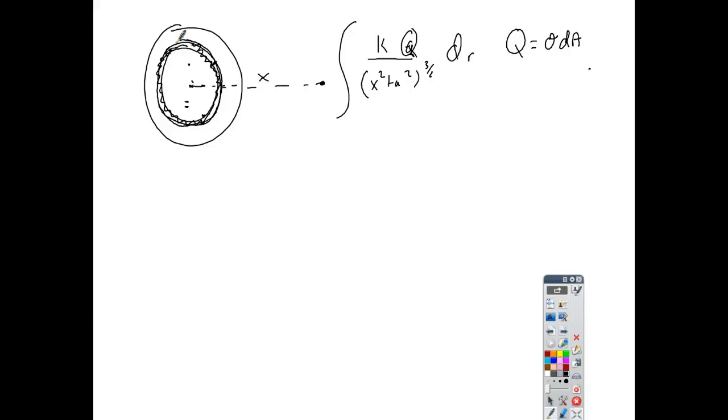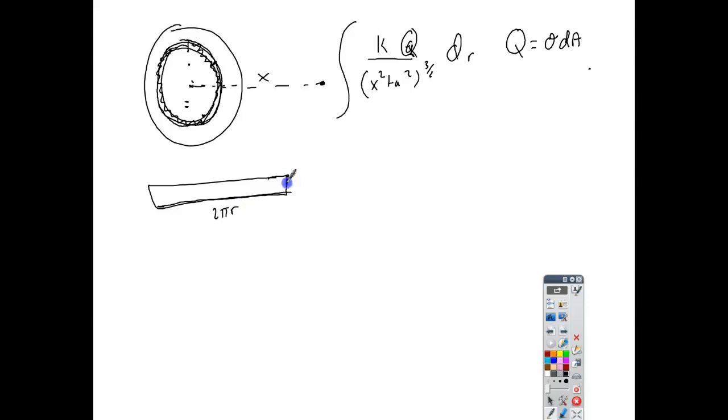What if I were to cut this ring and pull it out like a big piece of Play-Doh snake? It would look like this, more or less. This piece here would be the circumference, which is 2 pi r.